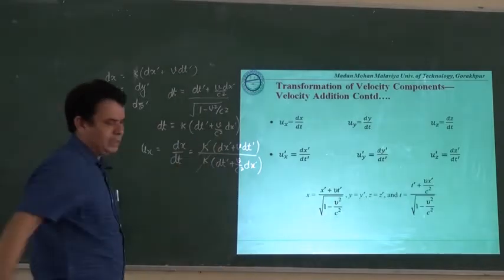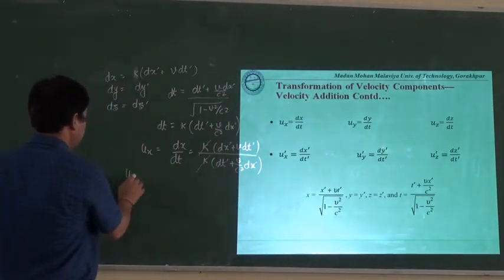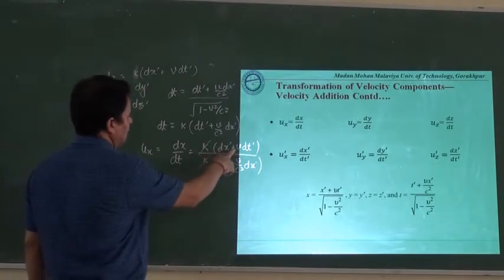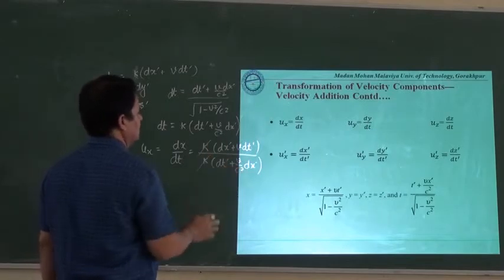Obviously k and k will cancel out, and ux will be given as dx dash plus v dt dash upon dt dash plus v upon c square dx dash.